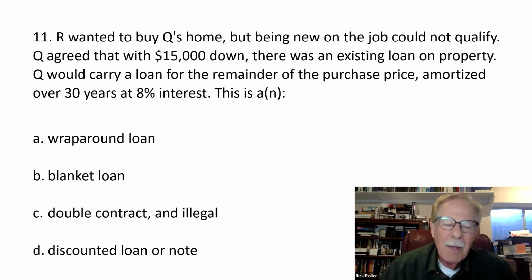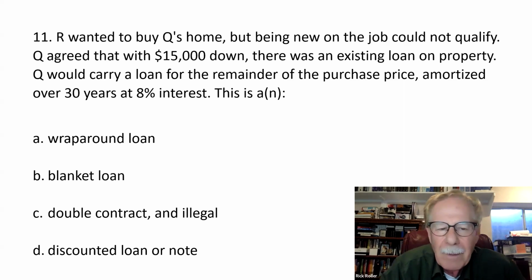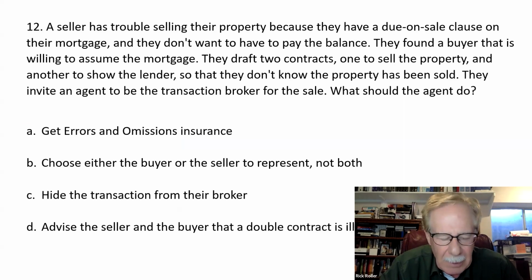So he's buying a $200,000 loan with a $15,000 discount, which is going to increase his yield. So number 11, the correct answer is A, wraparound, because you're wrapping an old loan. Okay, let's look at the next question on our list of questions for more fun.